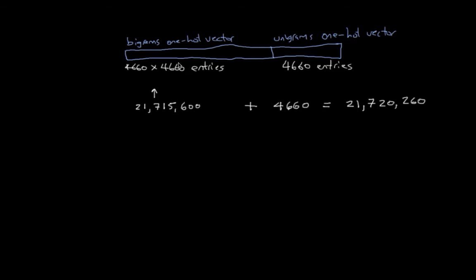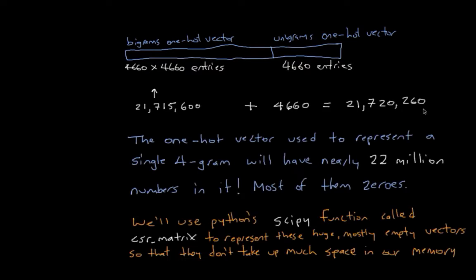That's a very big one-hot vector that we're dealing with here. The one-hot vector that we end up with for just a single four-gram will consist of almost 22 million zeros and ones. Most of them will be zeros. Because it's mostly zeros in here, with just a few ones, we're going to use Python's SciPy function called CSR matrix. And we're going to use that to represent these very big one-hot vectors that are mostly empty.